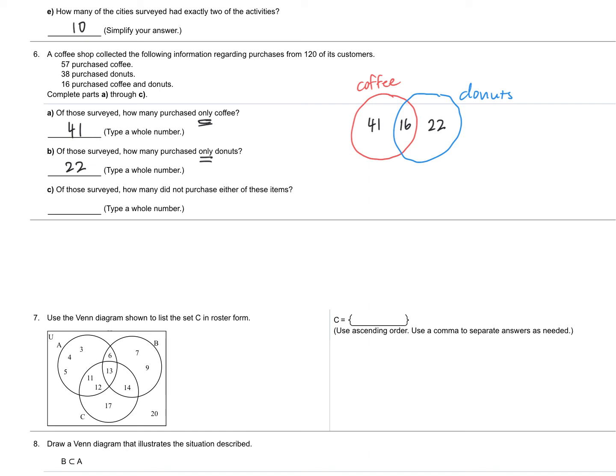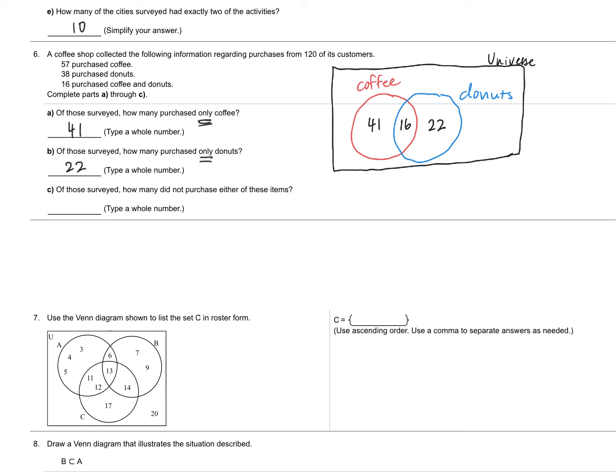And then last, of those surveyed, how many did not purchase either of these items? So in my Venn diagram, I failed to draw the universe. I should have drawn the universe, right? So here's the universe of people that were customers. So this is the universe.